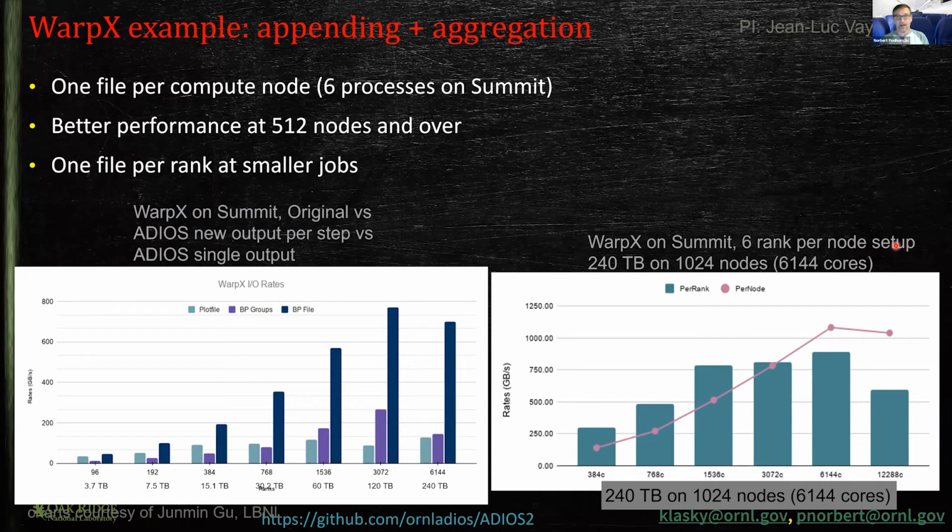So another application is the WarpX example. It's the same story here: it is a GPU code, 1 MPI task per GPU, 6 per node, and it's using the AMReX library to do adaptive mesh refinement calculations, and AMReX has its own plot file, which is using this aggregation technique on its own.